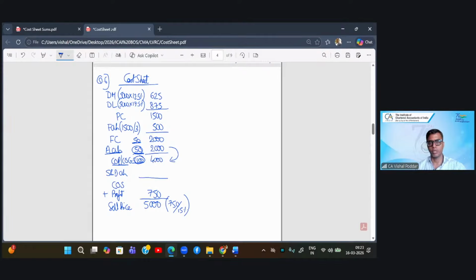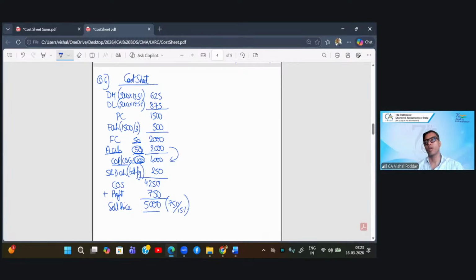Correct? Now here I had 5000 minus 750. So my cost of sales is 4250. My cost of production is 4000. So the balancing figure 250 is my selling and distribution overhead. So this I find out by balancing. Students, I hope this is clear to all.